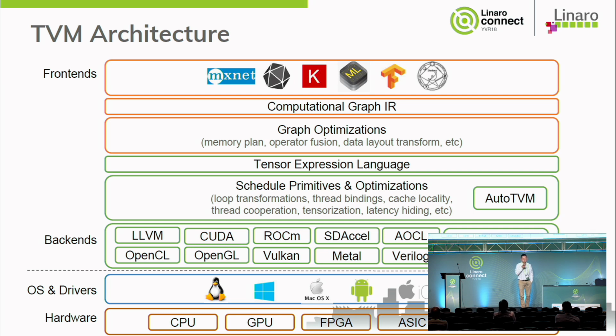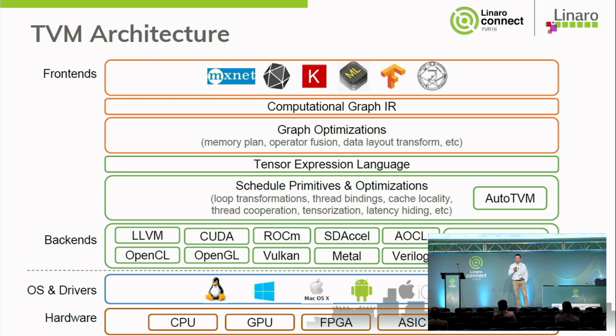There is a tensor expression language defined in the TVM implementation, which is based on the Halide IR, also a very popular framework for image processing. And here we have a definition of schedule.